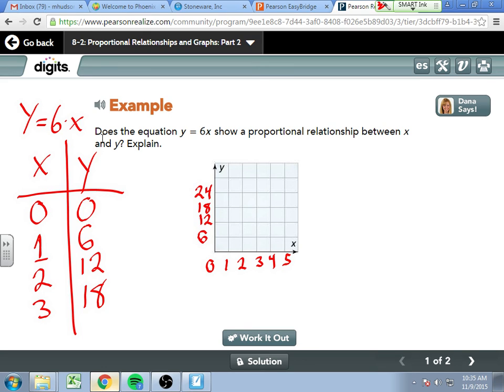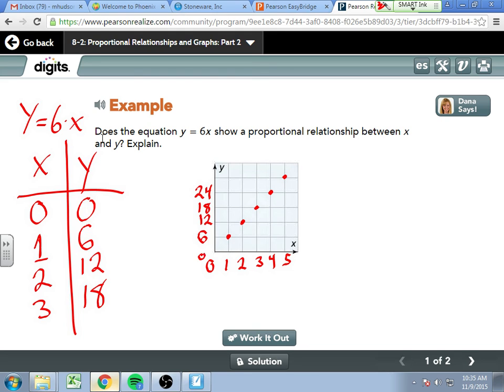So Jackson said, if I want to make this easy to graph, when I go to my x equal to 1, let my y end up on the line. So just make the line represent 6. When my x equals 2, let my y end up on the line at 12. When my x equals 3, let it end up at 18, 4 at 24, 5 at 30.